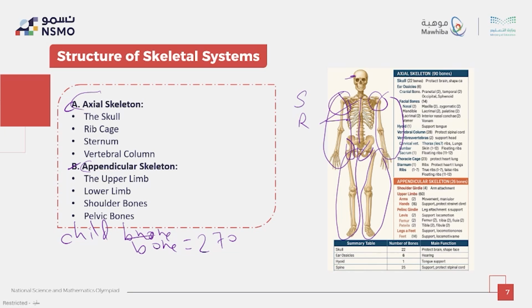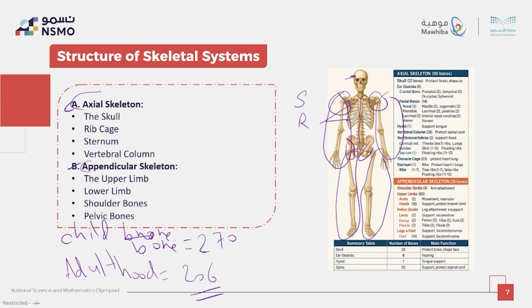And in adulthood, many bones fuse to become 206. They are stronger and harder, but less flexible, making them more prone to direct fractures.